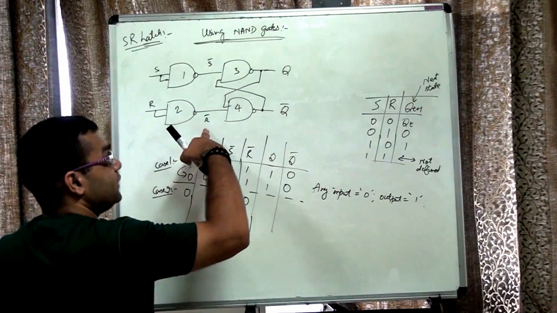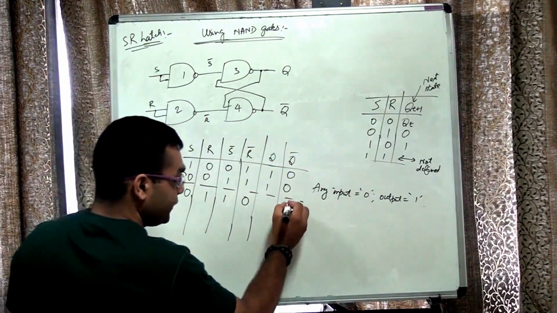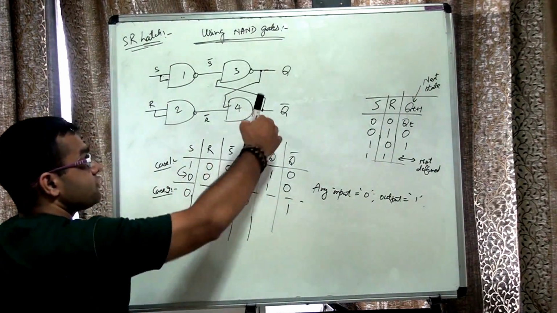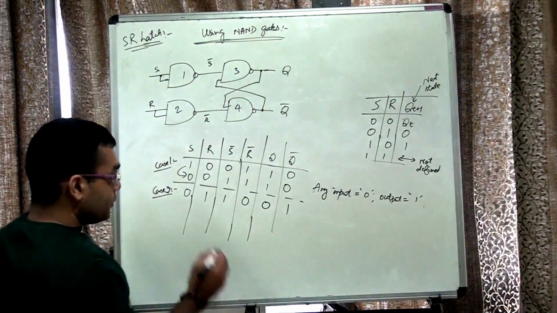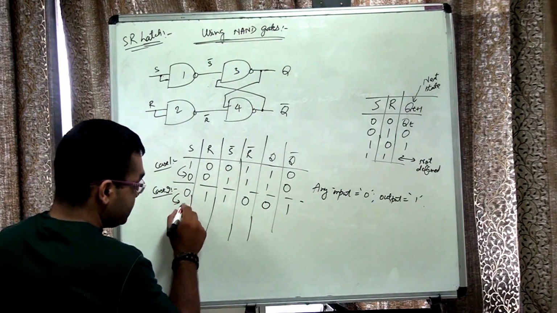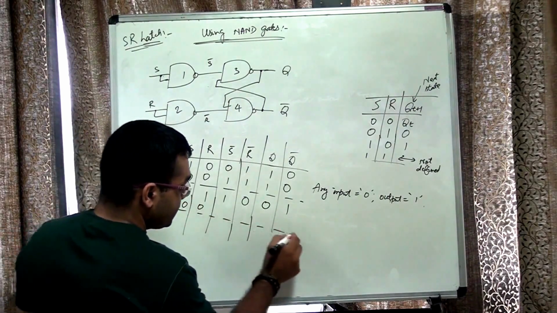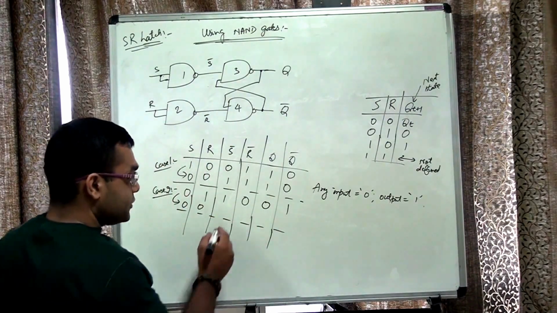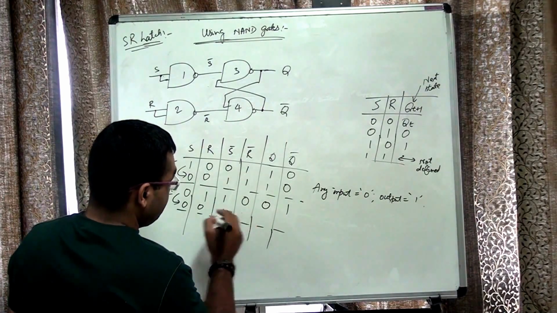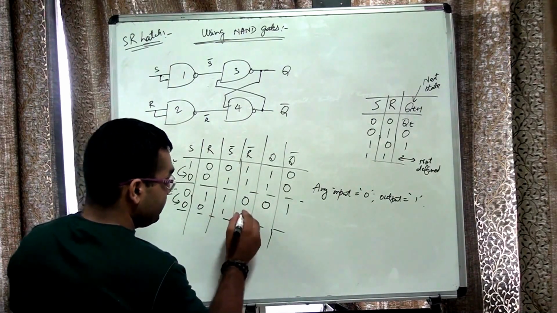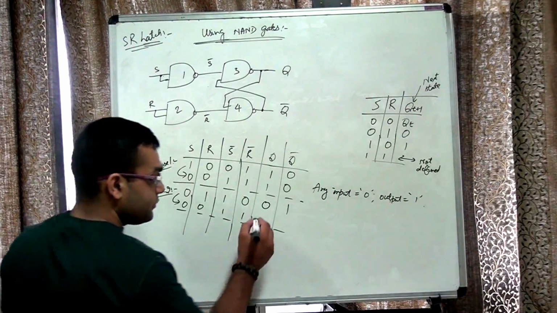Now if any input of the NAND gate is 0, output will definitely be 1. This 1 goes from feedback over here, so 1 and 1 output will be 0. Alright, so now I change this to 0 0 as in the previous case. Now this is 0, complement becomes 1, 0 complement becomes 1. Okay, this will be again 0 1.